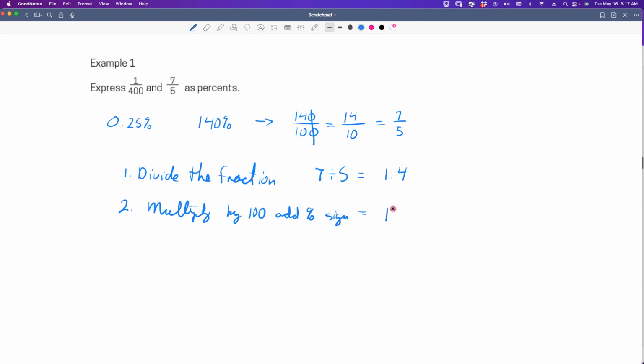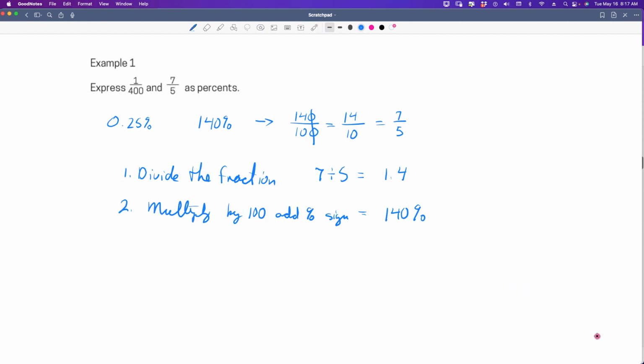So that equaled 140%. All right, and those are the 2 steps that you need to remember and write down to get you from a fraction to a percent. This part gets you to your decimal. This part takes you from the decimal to the percentage.